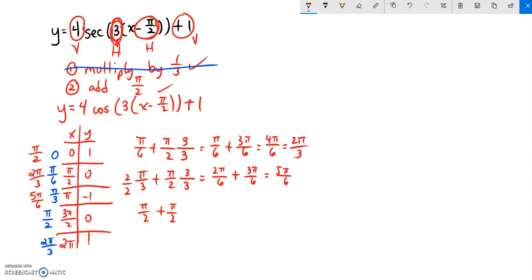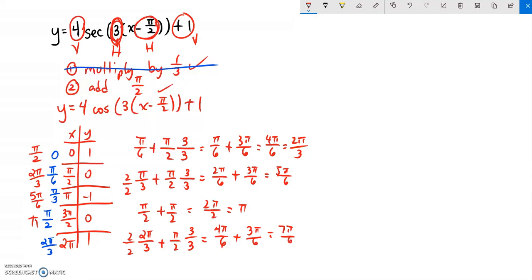They already have a common denominator, therefore we end up with 2 pi over 2, which is pi. And for the last one, 2 pi over 3, we add pi over 2 once more. We need a common denominator, so we multiply this by 3 over 3 and this fraction by 2 over 2 to have a common denominator of 6, and we get 7 pi over 6. Now we have completely transformed the table.